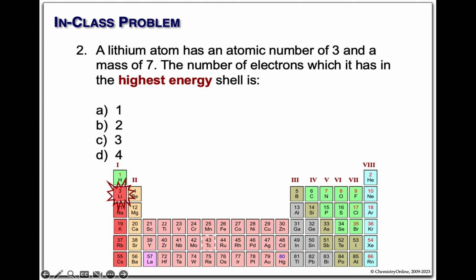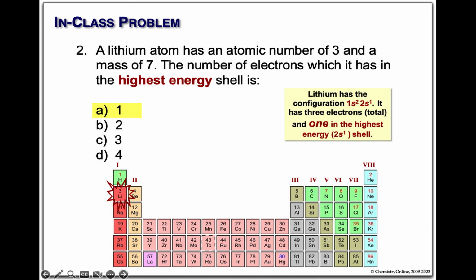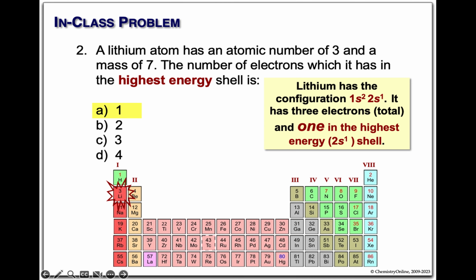That means the first level is full, right? The second level has 1. What's the highest energy electron? It'll be in the second level. 1 in the 2s orbital. The valence here is 1.